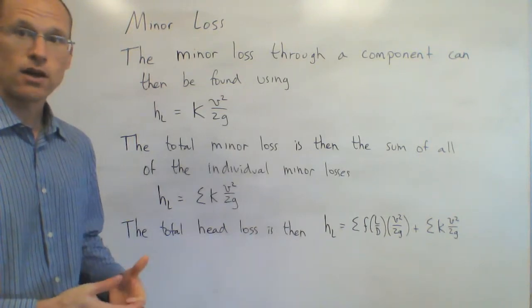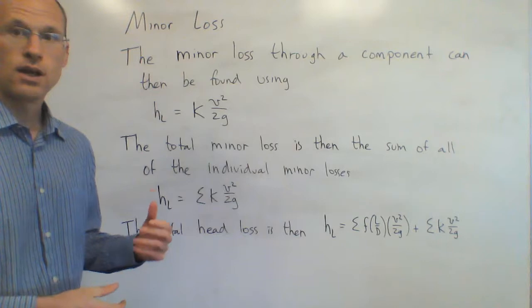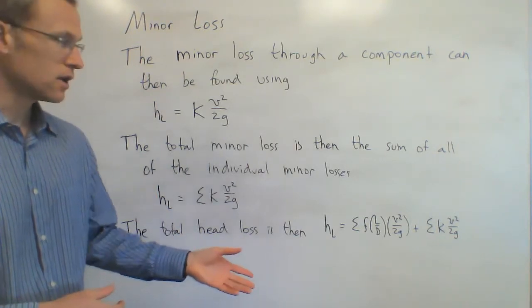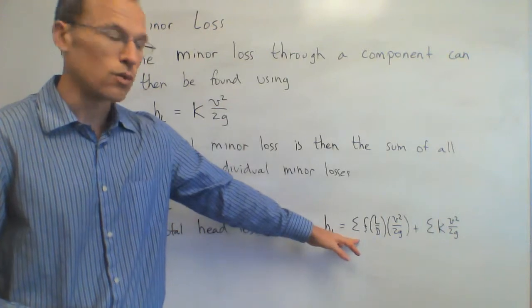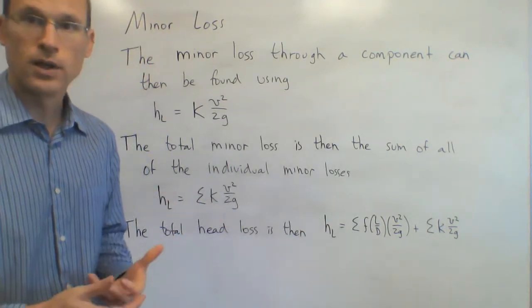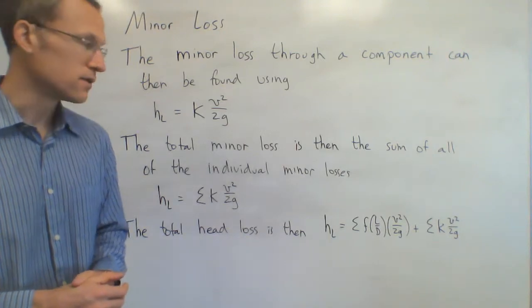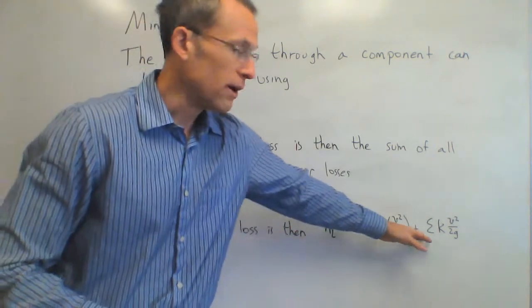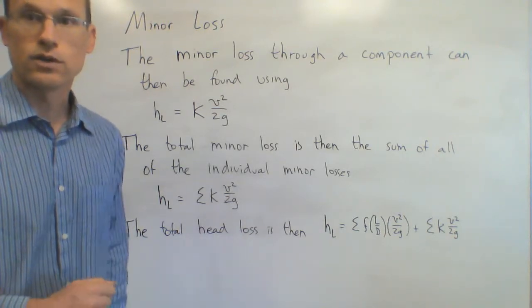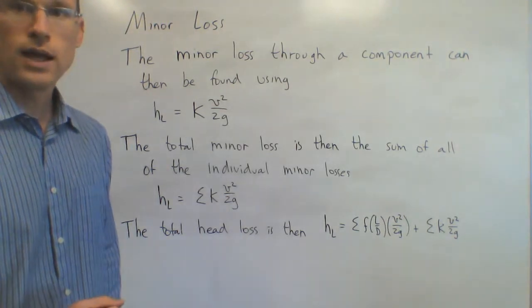If you want the total head loss, that's the sum of the major loss and the minor losses. So we take all the major losses, all the sections of straight pipe, where we have f L over D, V squared over 2g, found like we did in the previous two lessons, and then add on to that all the minor losses, so the sum of the K's times V squared over 2g, and that's the total head loss for the system.